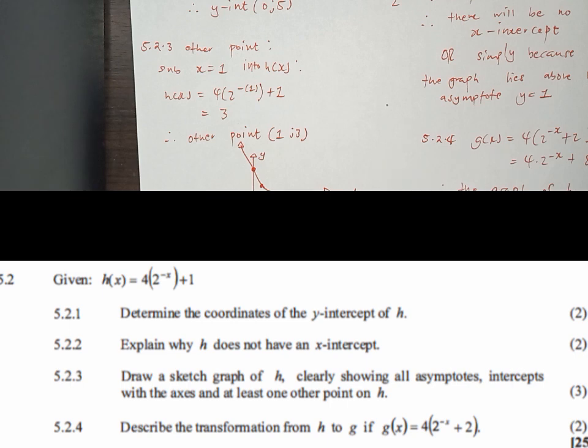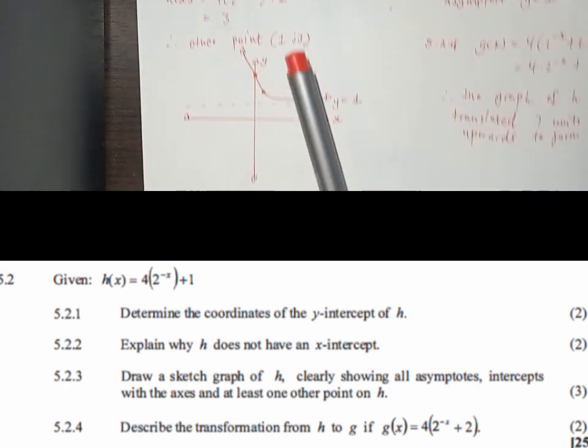You substitute any x value into your equation. So I chose 1, so I subbed x equal to 1 into h of x, and then I solved for y. h of x is equal to 4(2 to the power negative 1) plus 1, which gives you 3. Therefore the other point is (1; 3), and that's it.